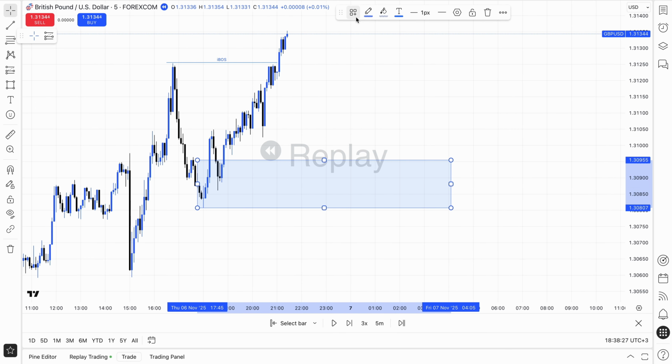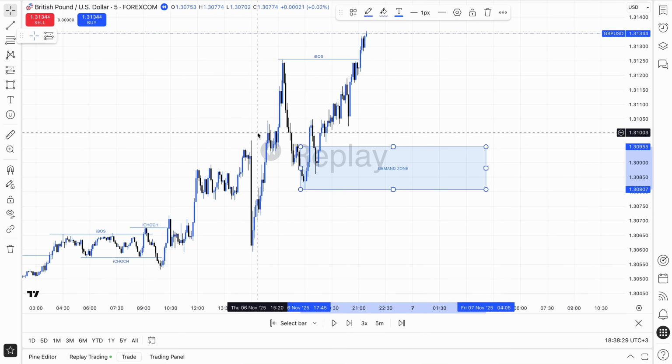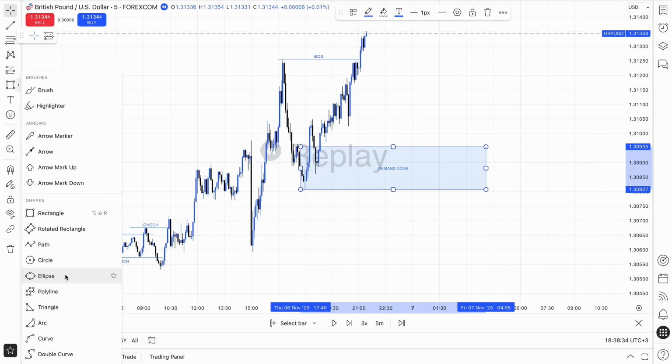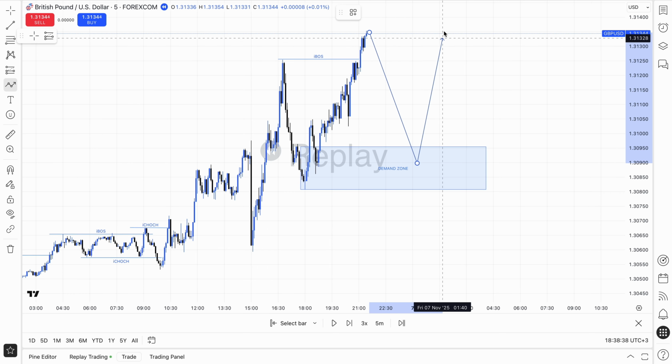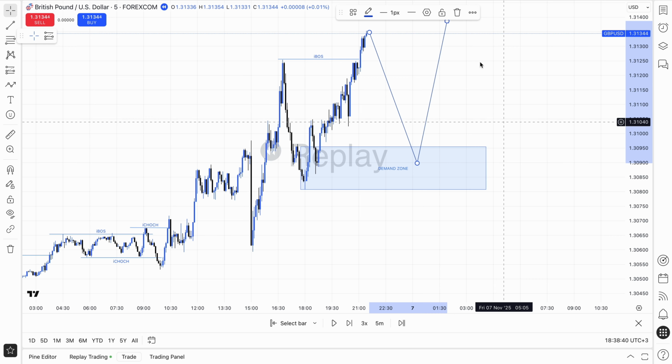or order block, buy order block or bullish order block, right? Then I had my demand zone there, and my plan was just to wait for the price to come back and tap into this demand. Then I get confirmation, then I continue buying that price.